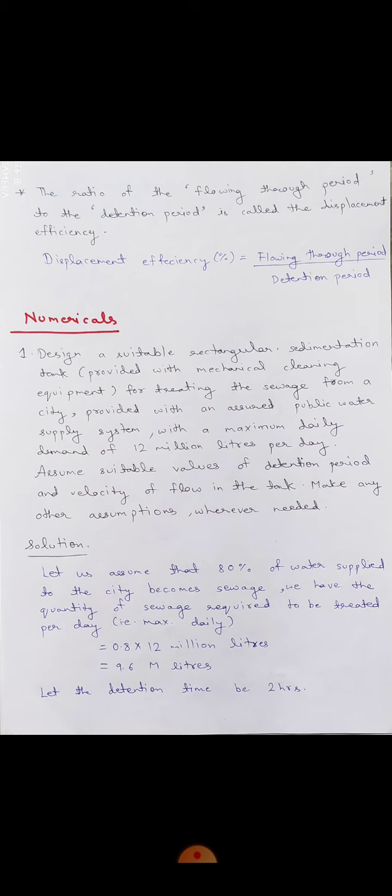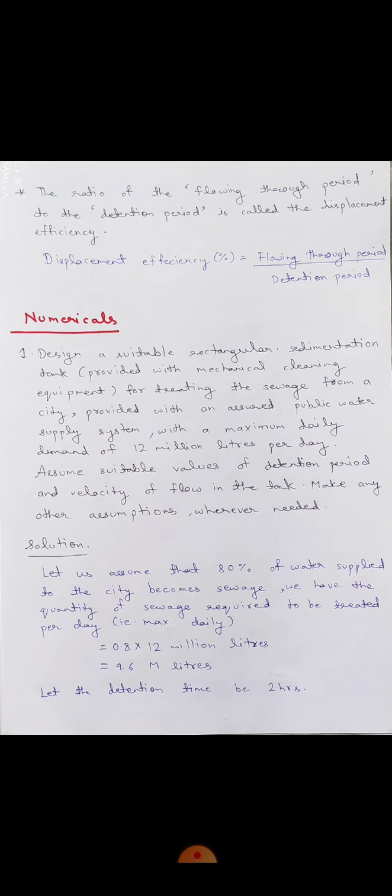Okay. So you have to design a rectangular tank which is provided with mechanical cleaning equipment. The mechanical cleaning equipment is there inside the tank, which will affect its design also, later I will tell. Okay, for treating the sewage which has this maximum daily demand of 12 million liters per day.